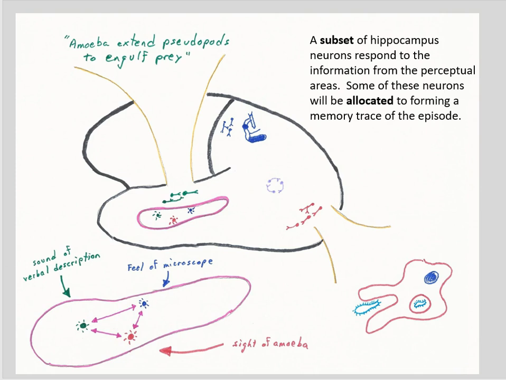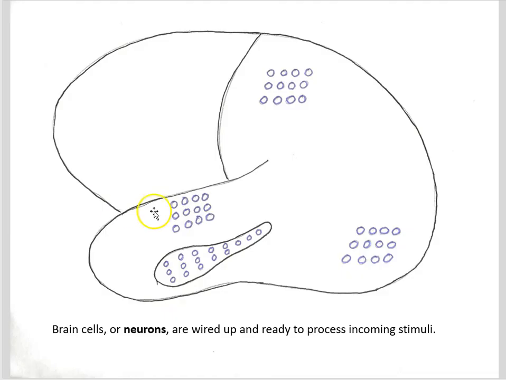Now, in keeping with our diagrams in previous lessons, we're going to now tell the story using a brain that looks like this. The circles would be neurons or brain cells, and they are here in the visual cortex and the touch cortex and auditory cortex, and here we have the hippocampus underneath the temporal lobe, and we have hippocampal neurons here.